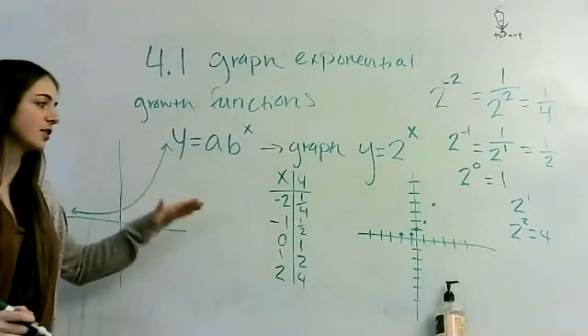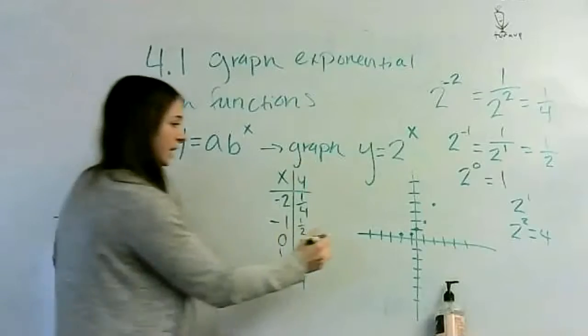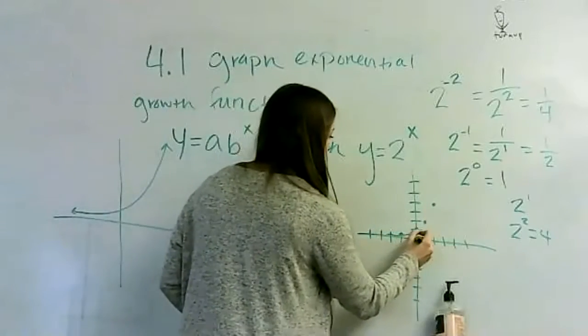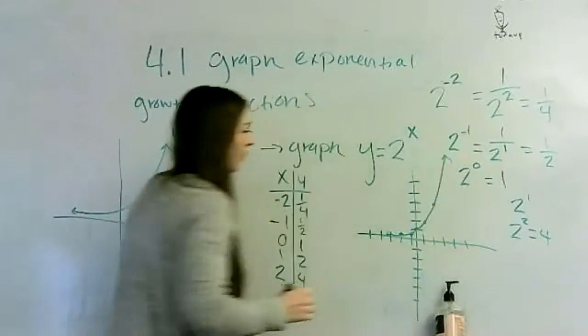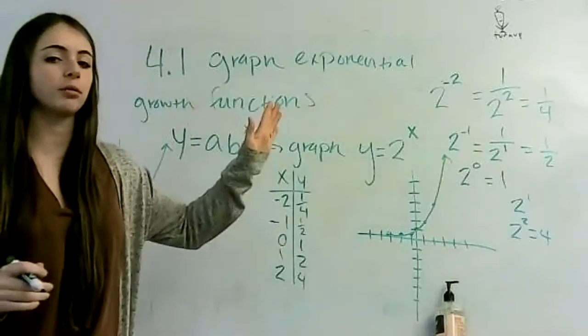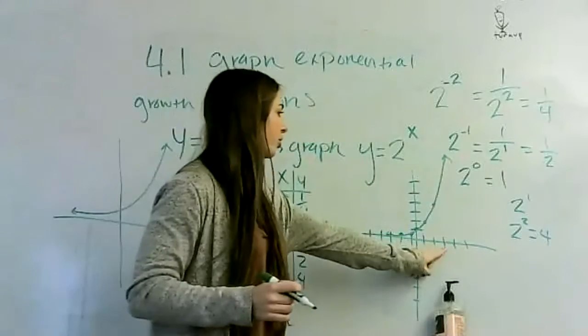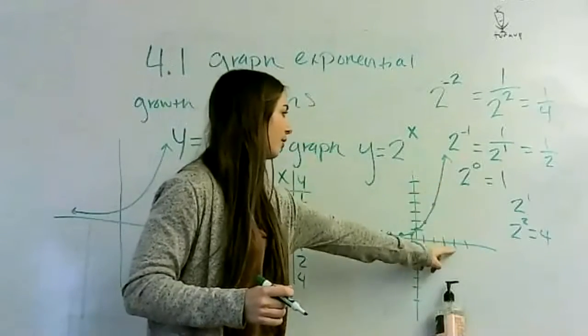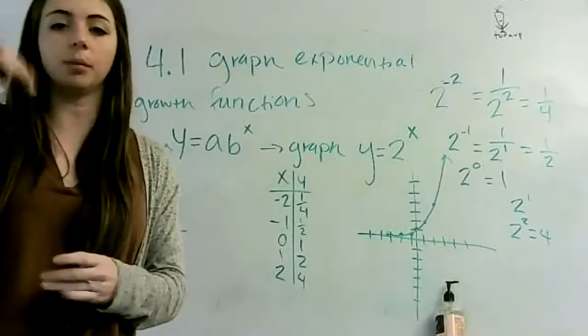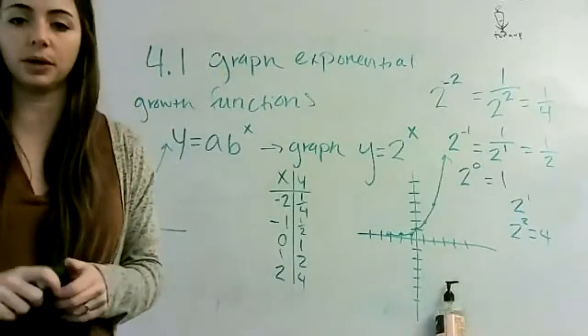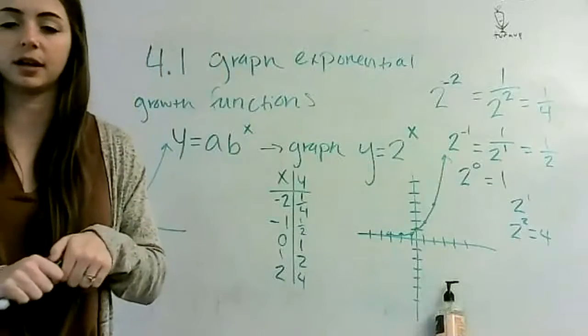So you can see that this is already starting to take that curve. So we can connect these dots and signal we're going to keep going up forever, where we're growing incredibly rapidly. Going over to 3, we're already way up here, 4, way up here. It's only going to continue doubling, tripling, quadrupling until we get way up into infinity.